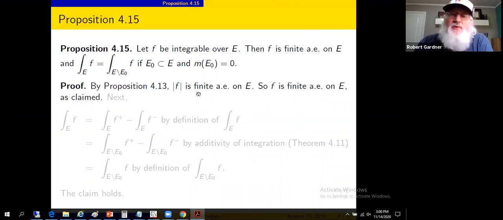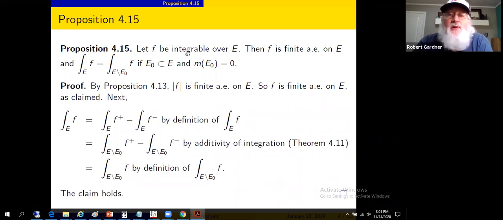If we had a finite integral, we had a function that was finite almost everywhere. So applying the definition of f is integrable to mean the integral of the absolute value is finite, and deducing from that in proposition 413 that the absolute value function is finite almost everywhere. So f itself is finite almost everywhere.